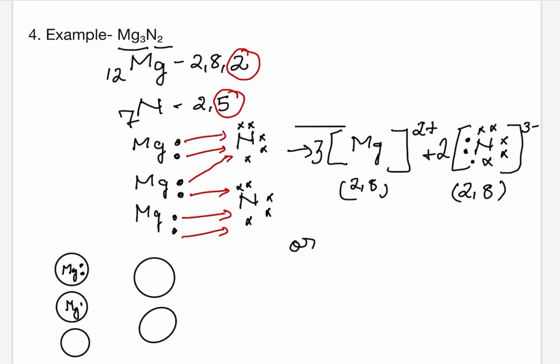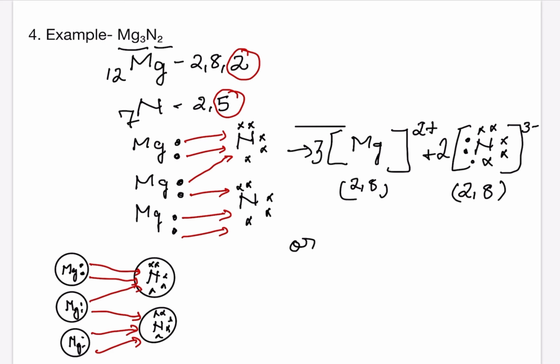Mg 2 electrons and Mg 2 electrons. And then nitrogen, how many electrons do we have? 5. So 1 2 3 4 5. Nitrogen 1 2 3 4 5. Now we can show the transfer of electrons. 1 2 and 3. Here also 1 2 and 3. So this is how the transfer of electron is taking place.